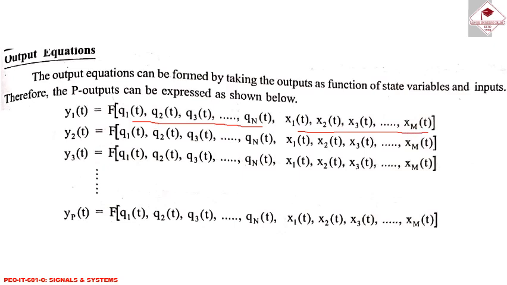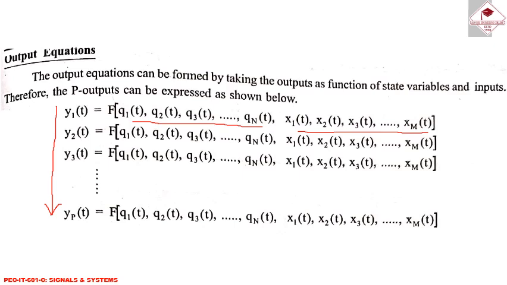So we have to represent y1t, y2t, y3t, and in this manner the whole system is denoted. Just like inputs, the output is also represented in this particular manner. That means y2t is also a function of q1t, q2t, q3t, and the inputs x1t, x2t, x3t, and so on. In this way the whole system is described.